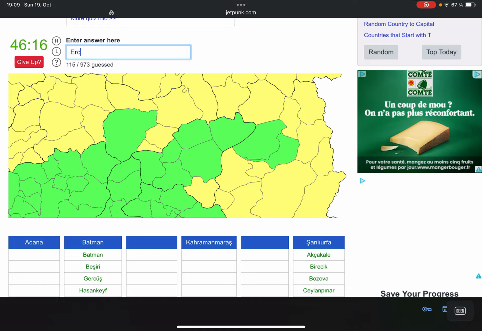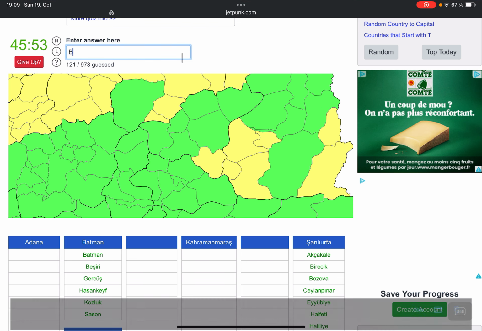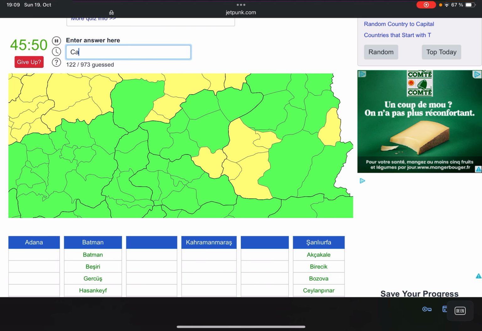And then we have Erciş, Muradiye, Çaldıran, Özalp. We have Gürpınar, Başkale, Çatak.